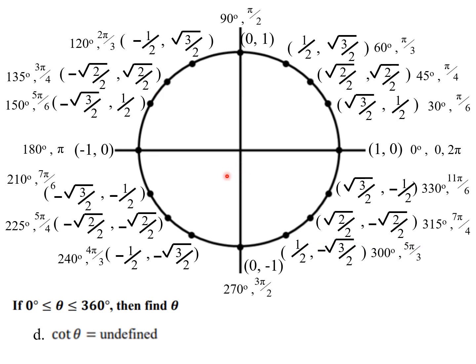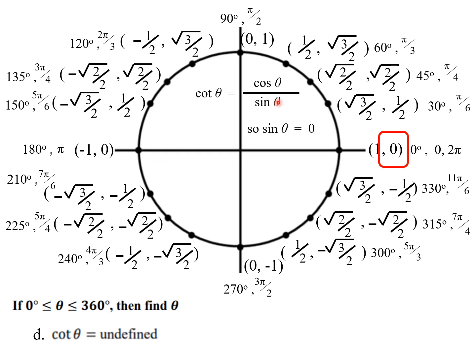Last one. The cotangent is undefined. If the tangent is the sine over the cosine, the cotangent is its reciprocal, cosine over sine. And if it's going to be undefined, that means the denominator is going to be 0. So really, what I'm looking for are points that have 0 as a sine, or 0 as a y-coordinate.